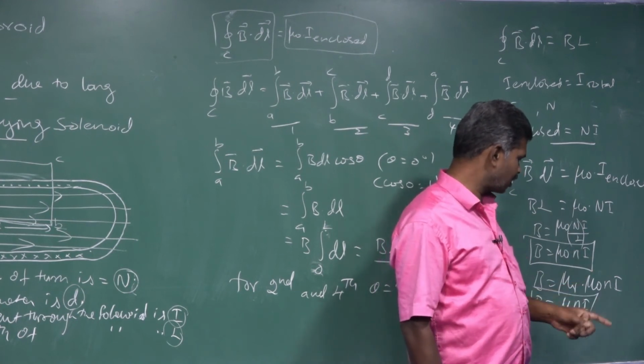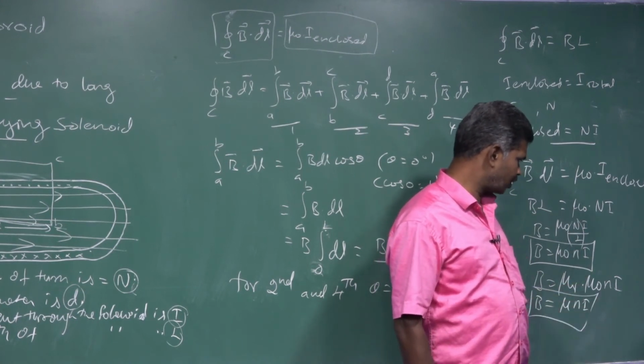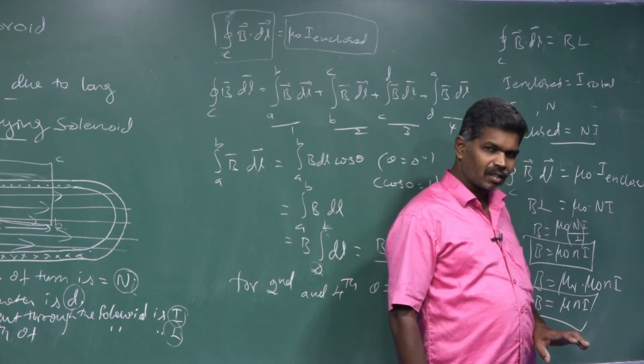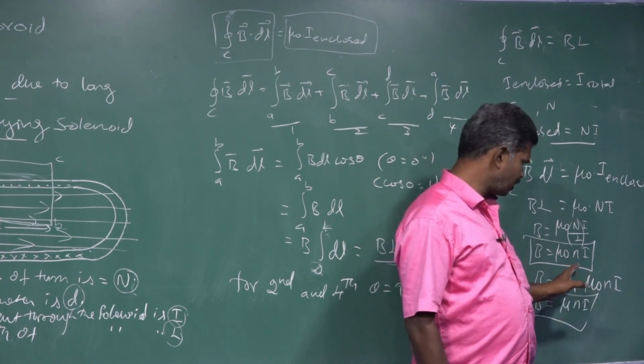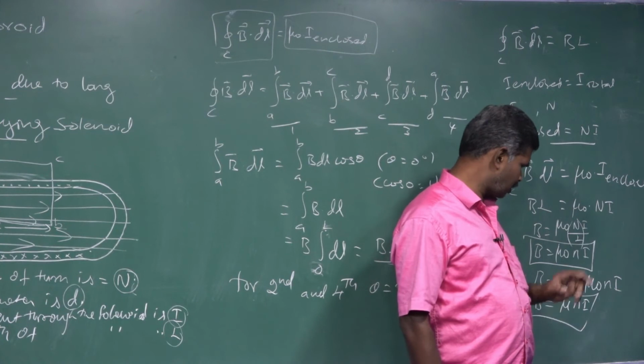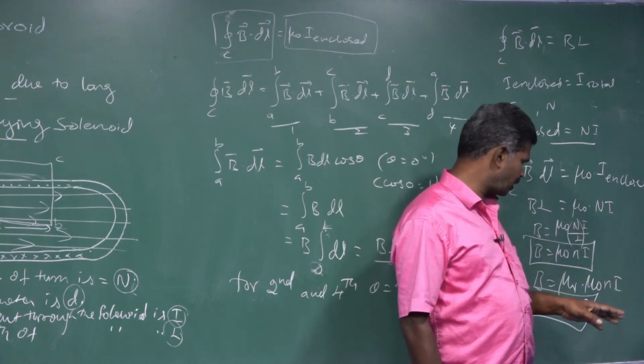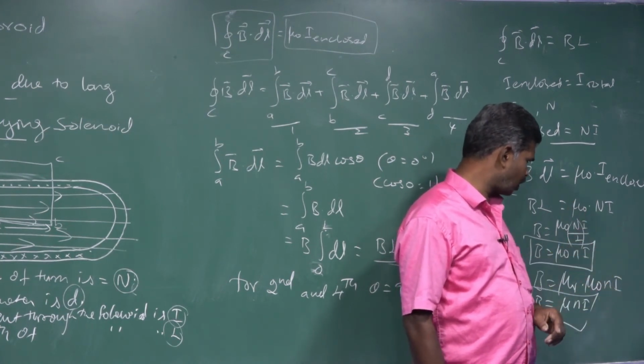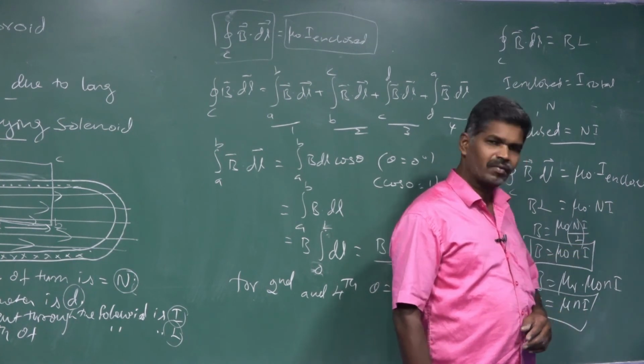Otherwise, if we take small n as the number of turns per unit length, B is directly proportional to mu naught, that is, it depends upon the medium. B is proportional to small n, and proportional to I.